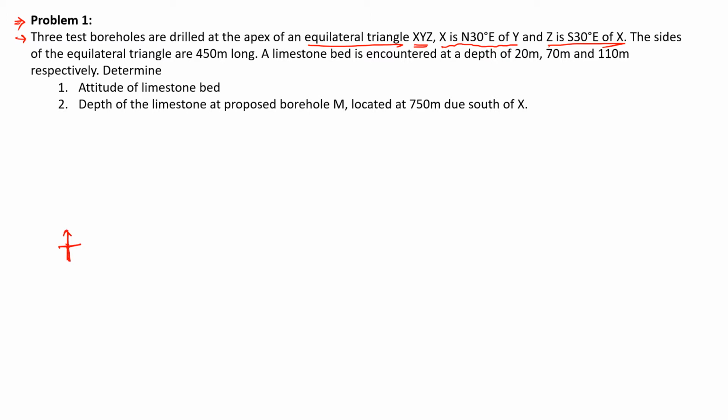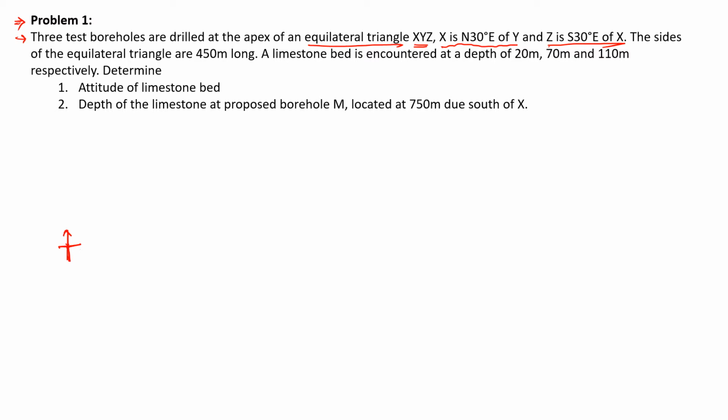This is my north line, the arrow indicates the north line. So it is understood this side is north, this side ultimately becomes south, this becomes east, and this becomes west. Now what they say: X is north 30 degrees east of Y.